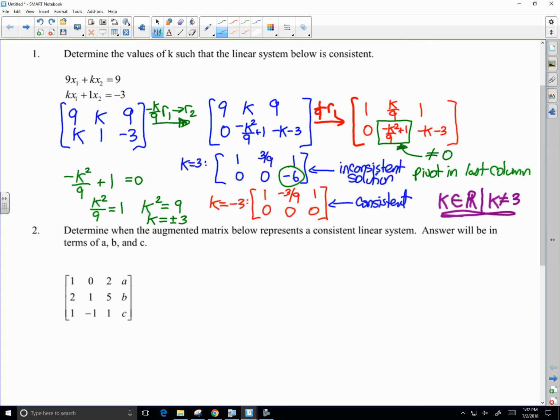You don't have to use any kind of notation. Just say anything but 3. Now, if you really want to cross the T's and dot the I's, then get this down into reduced row echelon form, and then go from there. But I don't see that being necessary, because once you get it into echelon form, algebraically we get the same thing done with echelon form that we do with reduced echelon form.